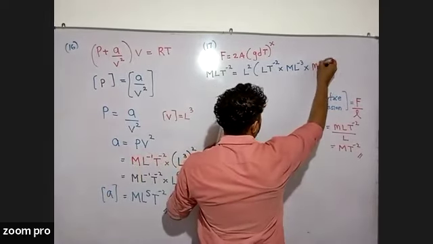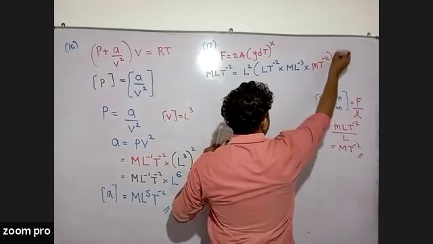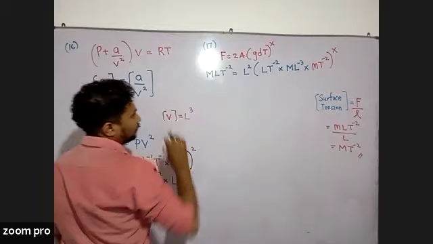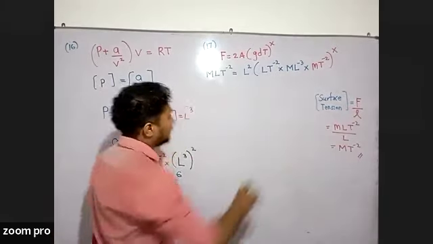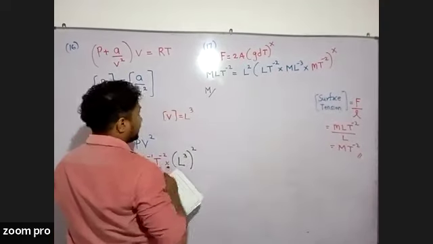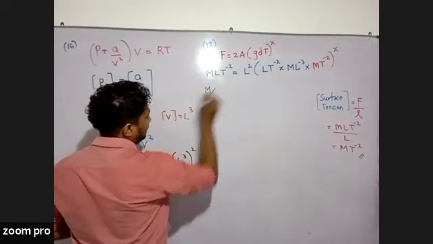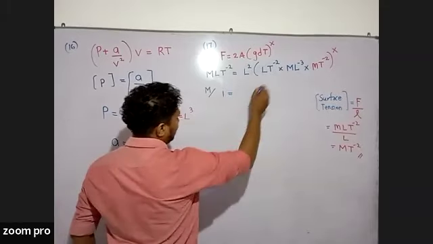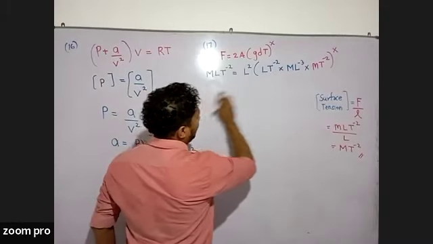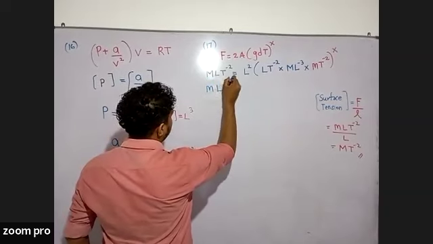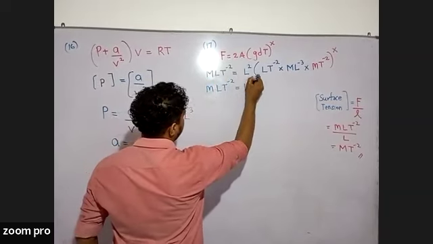So we substitute this into the power of x. Now we are going to analyze the dimensions, starting with the M. If we consider the M, in the left side the index of the M is equal to 1. In the right side, I will further simplify these dimensions inside the bracket.